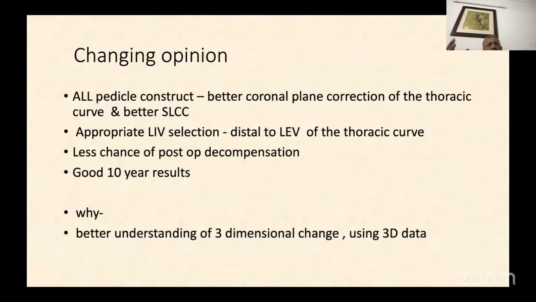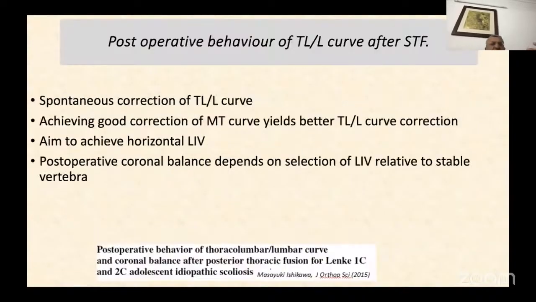But there is a changing opinion. Now, currently, if you read the Western literature, they all use all-pedicle constructs, put pedicle screws at all levels, go for maximum correction, and they feel that the result is better. But in my hands, I prefer to undercorrect, go to the stable vertebra, use fewer screws, and do a cantilever correction using the convex rod.